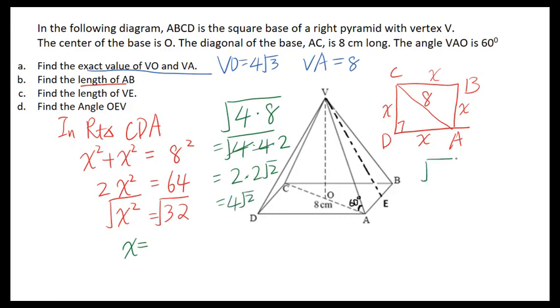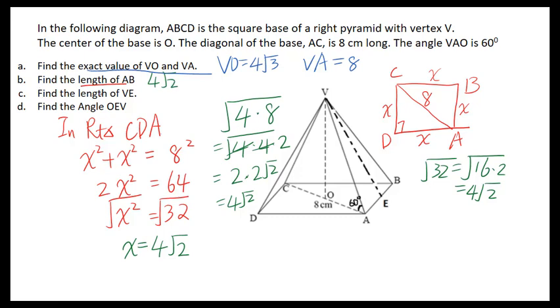If you know square root of 32 equals 16 times 2, then you can get 4 square root of 2. When you simplify radicals, make sure to use the perfect square as a factor. That is AB, 4 square root of 2.